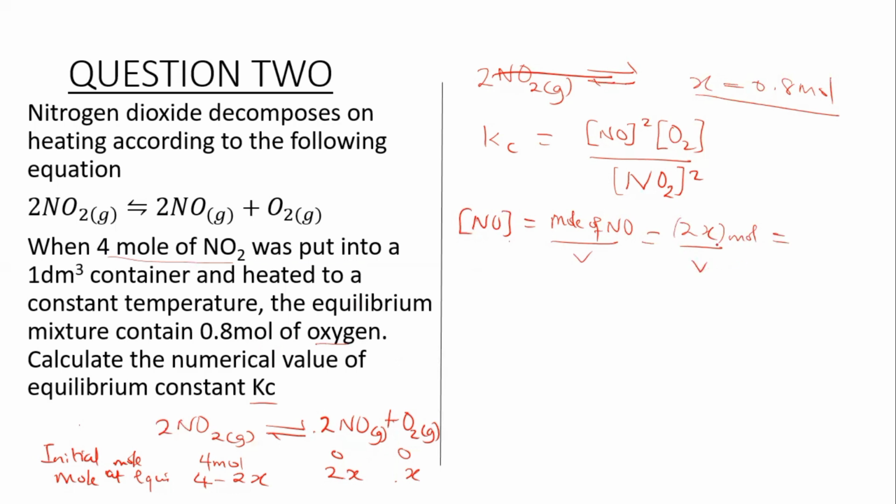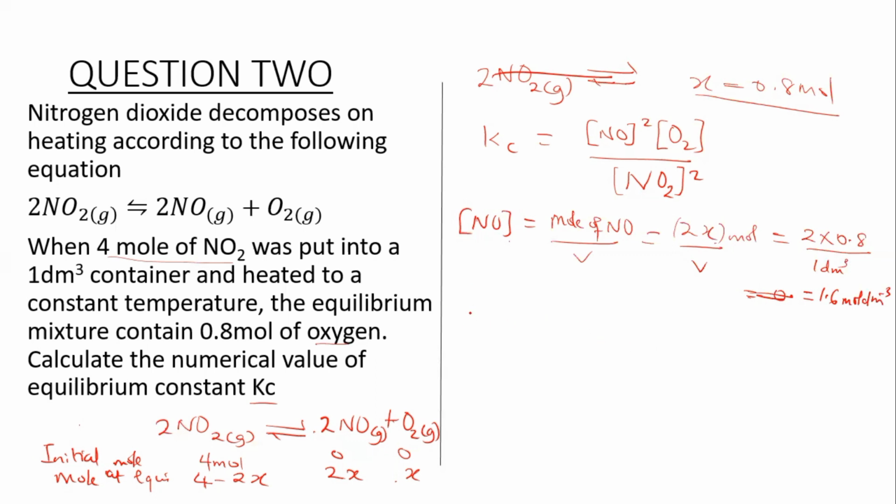So what is x? x is 0.8 mole, and the volume is 1 dm cube. So of course this one is going to give you, oh, sorry, this one is going to give you 1.6 mole per dm cube.